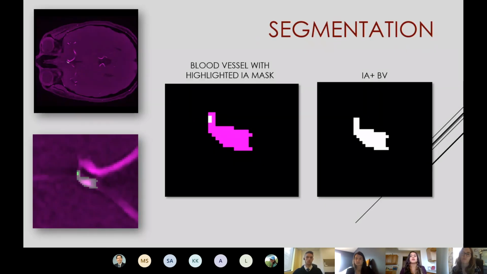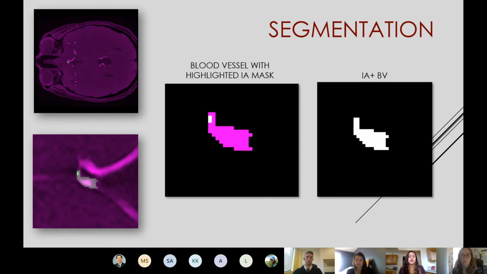Once the code finds the correct component that the aneurysm is attached to, it then segments it out as seen on the right image, which consists of the blood vessel and the aneurysm. So then to visualize the image on the left, directly to the left of that is the blood vessel highlighted in pink with the aneurysm in white.